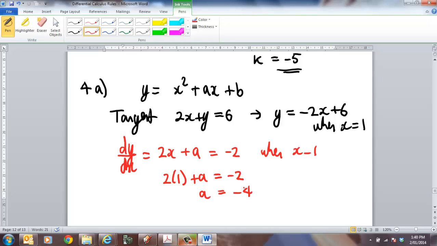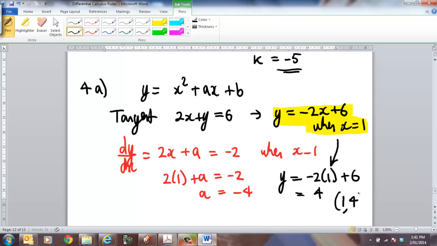Now the other thing is, we know that when x equals 1, we know where the tangent is in terms of the equation. If we use this equation here, we know the slope of the tangent, we know the equation of the tangent, and the curve must be at the same point at that time. So y is equal to negative 2 times 1 plus 6, which gives me an answer of 4. So we know that this curve and the tangent touch at the point (1, 4).